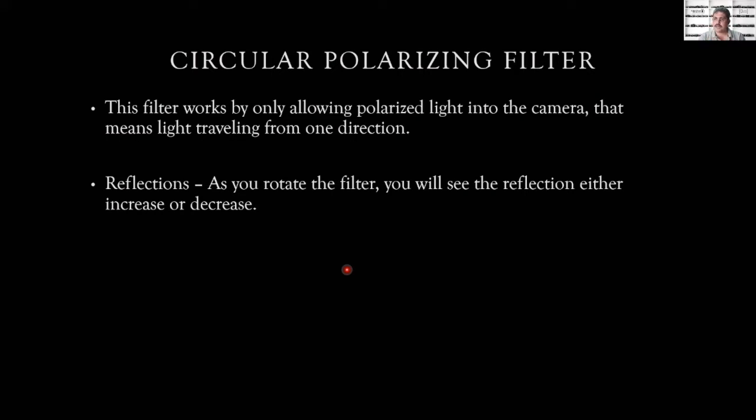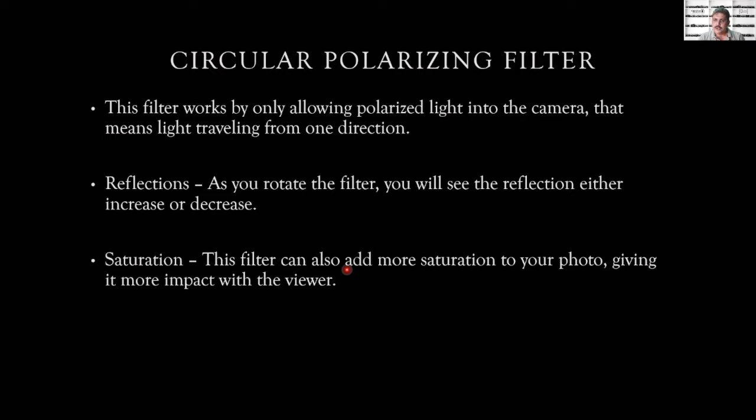So using a polarizing filter, you can cut down that reflection. You can also increase the saturation. So the saturation of the color basically depends on this light which comes in a single type of direction. So when you rotate this circular polarizing filter in front of the lens, that is when you get a point where the whole saturation increases.